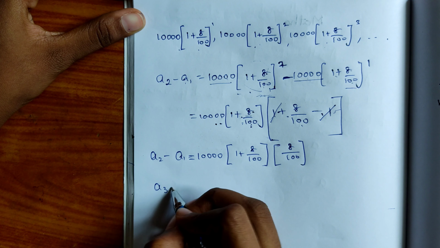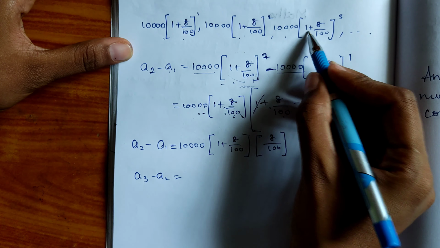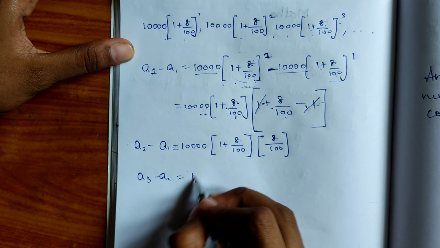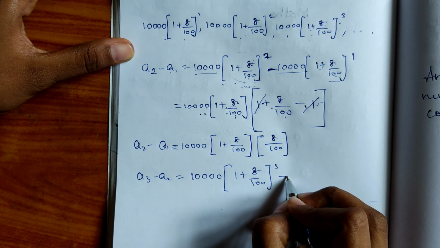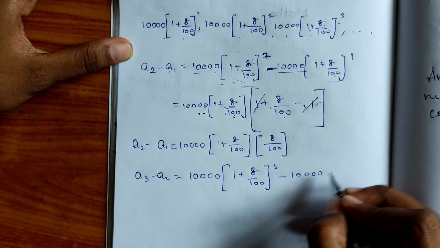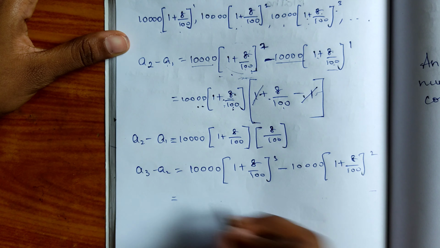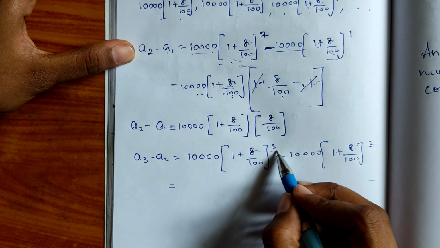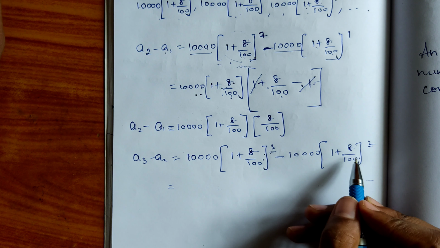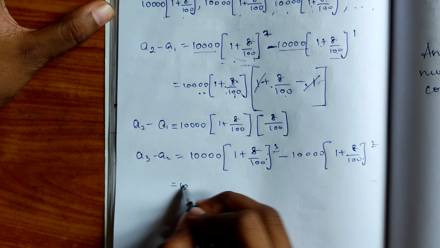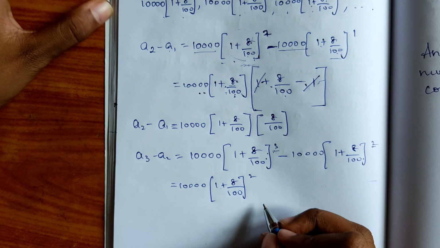Now let us find A3 minus A2 and see whether it is equal or not. A3 is 10,000 into 1 plus 8 by 100 to the power of 3, minus the second term, 10,000 into 1 plus 8 by 100 to the power of 2. Here we have 2 times and there we have 3 times, so 2 times can be taken as common. So 10,000 into 1 plus 8 by 100 squared can be taken as common.